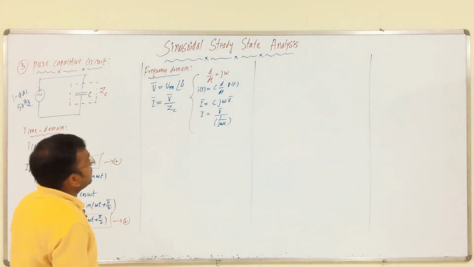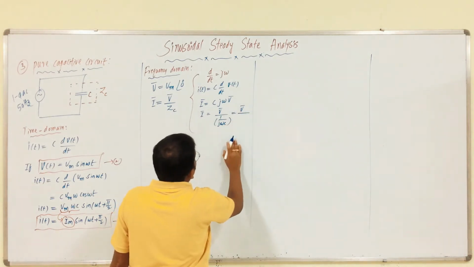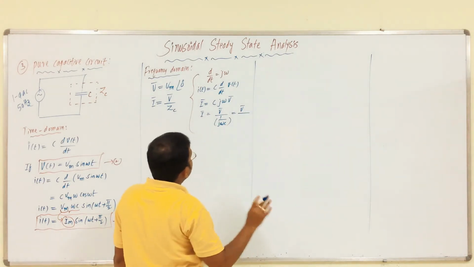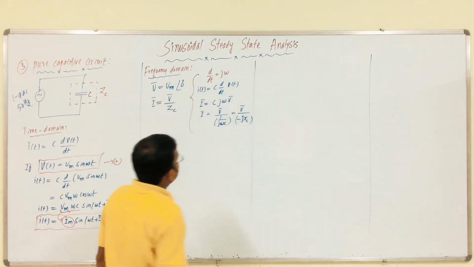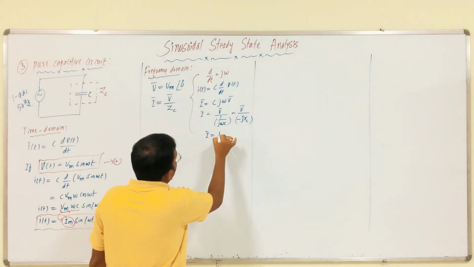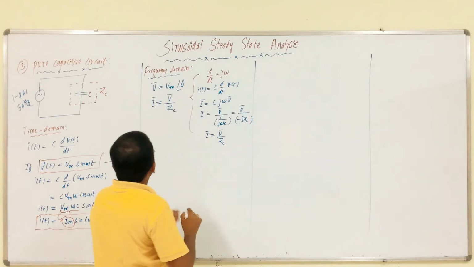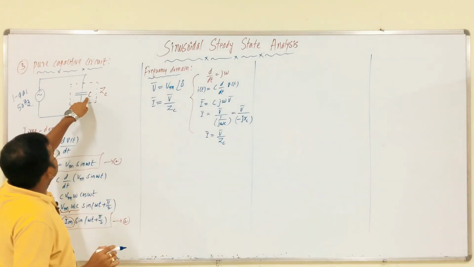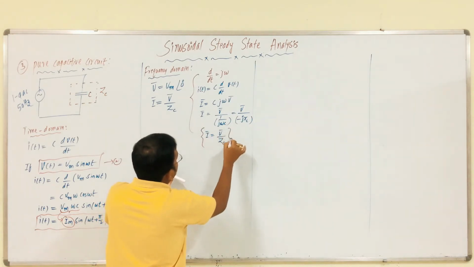Clear? Which is nothing but 1 by omega C, which is XC. So from this we get minus j XC, right? Which is nothing but V bar by Z. Here we have only a pure capacitor, that's why we represent it like this, right?